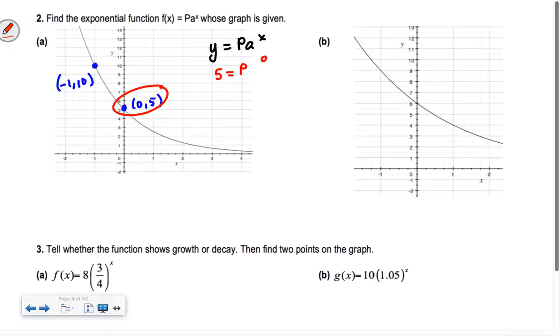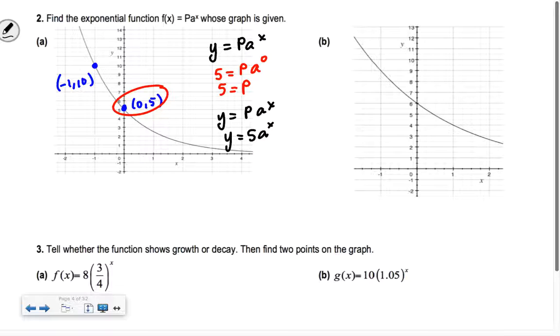So we get p times a to the 0 is equal to 5. Do you guys see why we like doing this? Yeah, the a to the 0 is 1. So what's p? 5. Okay, so already we have part of it. So we have y equals p times a to the x, but we know that p is 5. So we have y equals 5 times a to the x.